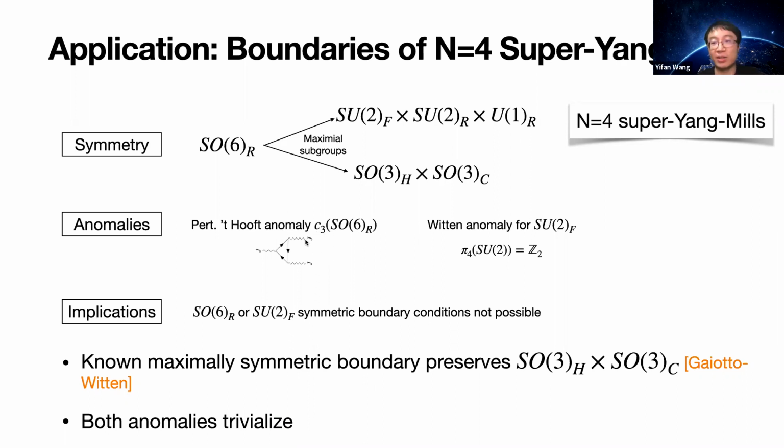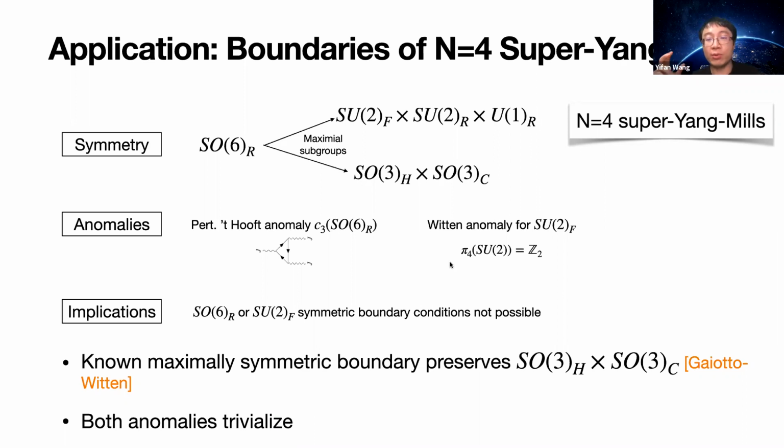The anomaly arises because there is a non-trivial cubic Casimir for this SO(6) R symmetry. In addition, if you look at a maximal subgroup of the SO(6) R symmetry, it includes this SU(2)_F. This SU(2)_F is known as the flavor symmetry of the N=4 super Yang-Mills, thought of as an N=2 superconformal field theory.